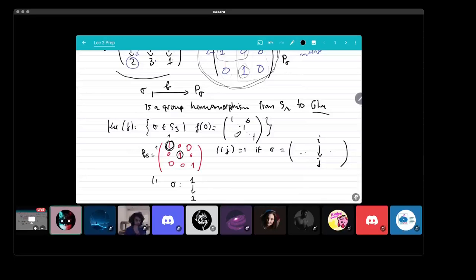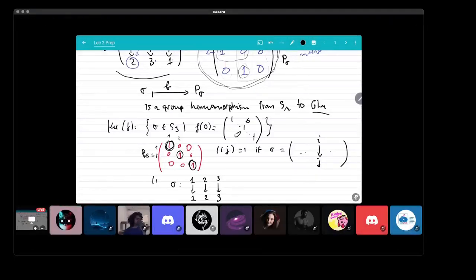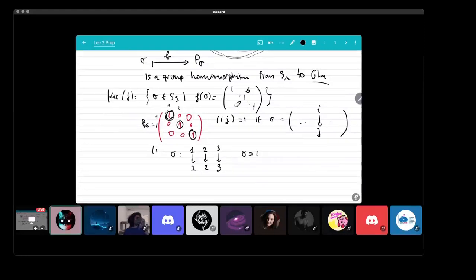This being 1 means that 2 gets sent to 2, and this means 3 gets sent to 3. So sigma equals the identity on 1 to 3.